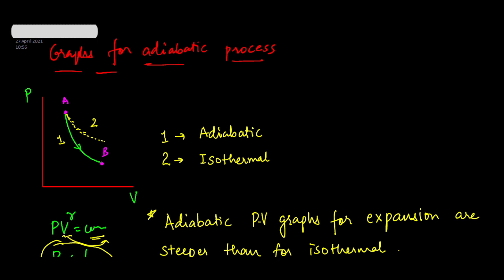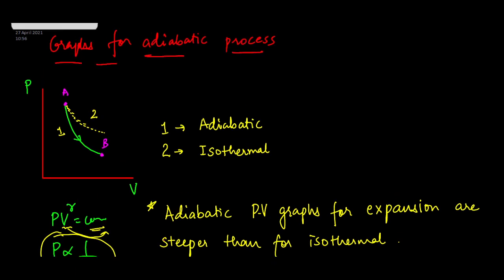Right? But if this happens in expansion, in compression it will be the opposite. I hope that you realize that. Suppose we draw the graph for compression. So what I mean to say is you start from the same point, and we want to do compression. Compression means volume should decrease, right?